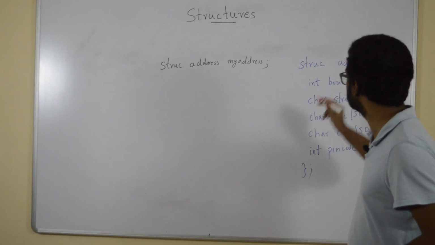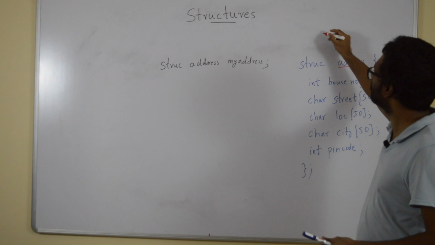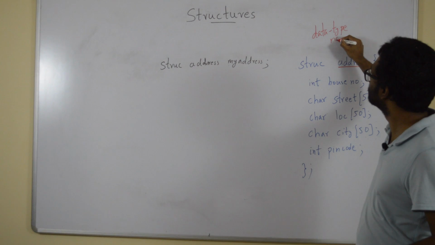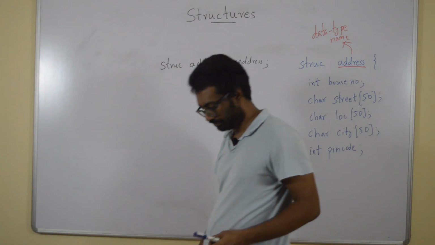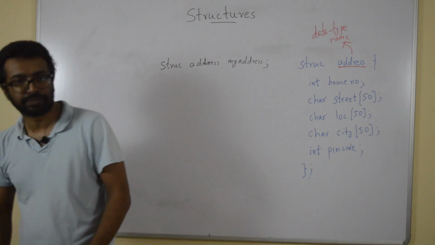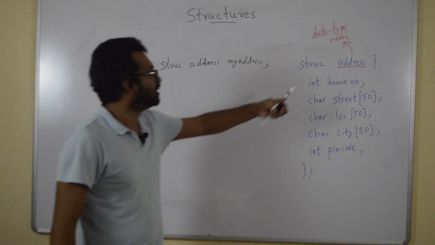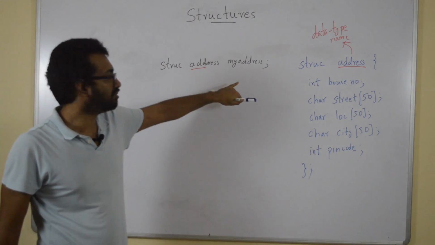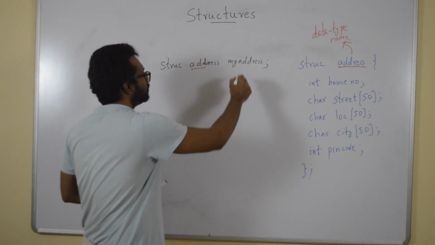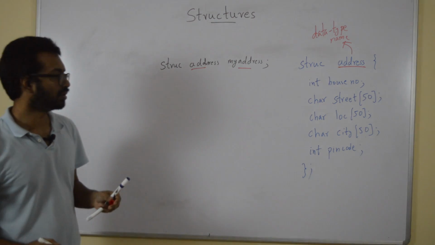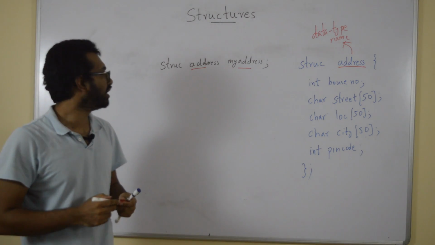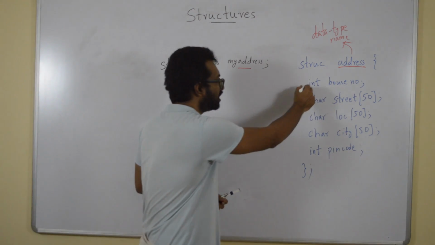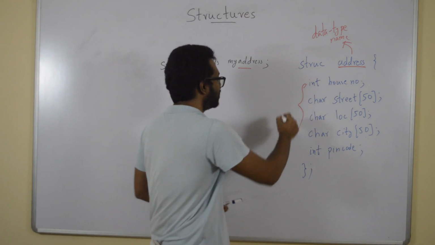You should notice this is the data type name which I have to use here, and this is my variable name. Once I have declared this variable, I can use it to access each of the members of this data type. So these are called members.